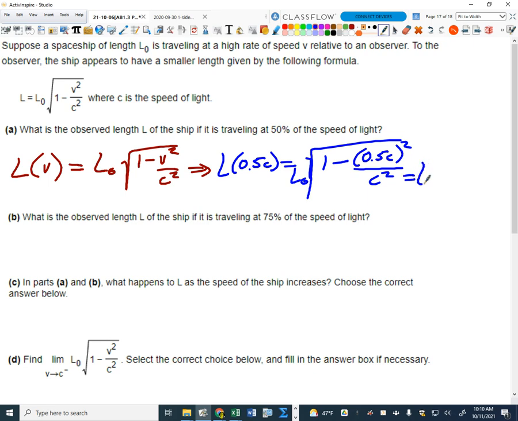Okay, so we get L naught times the square root of 1 minus 0.25c squared over c squared, and the c squareds cancel. So I just get L naught times the square root of 1 minus 0.25. Well, that's just the square root of 0.75. Okay? So let's put that in Desmos.